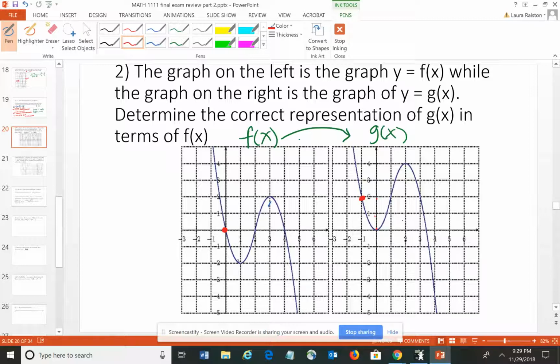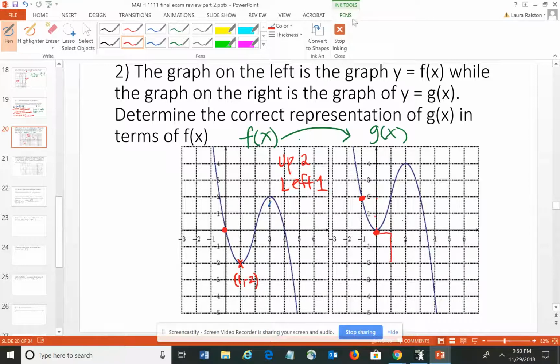It may be easier to see that if we look at the low point of the graph, which on the original graph occurs at 1, negative 2. So if we start at 1, negative 2 to get to where that point is located now, again, we have to go up 2 and left 1. So it appears that the transformation that's taken place is we're going up 2 units and left 1 unit.